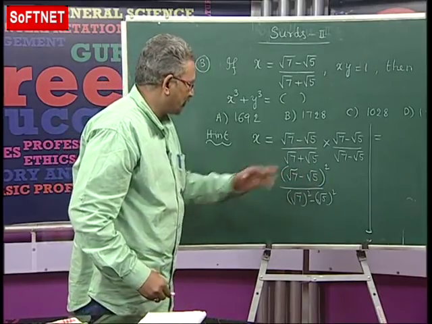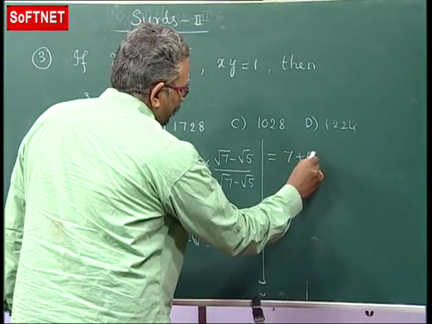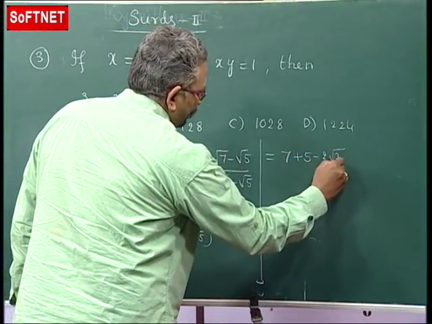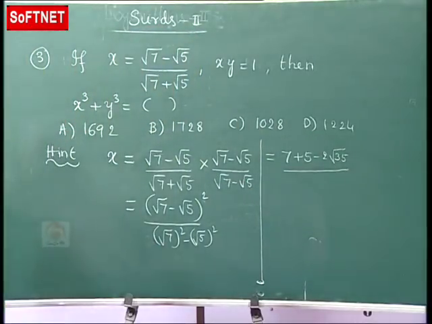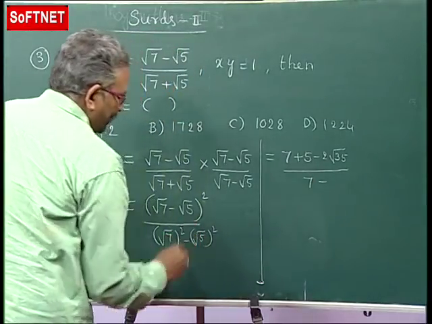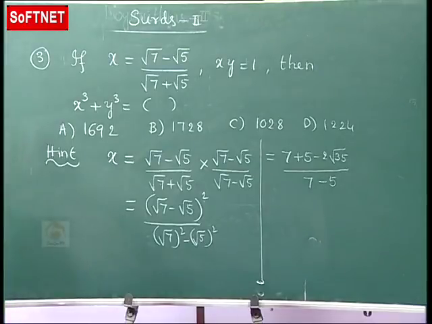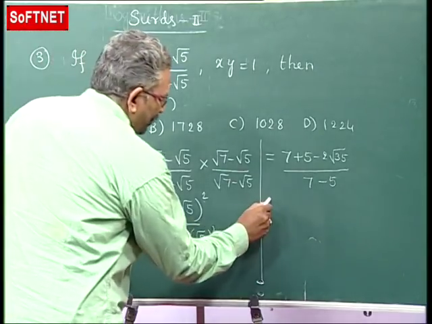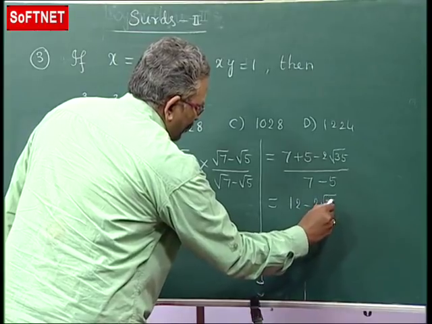Root 7 minus root 5 whole square is 7 plus 5 minus 2 root 35, by root 7 square is 7 minus root 5 square, how much? 5. Okay. Now this is equal to 12 minus 2 root 35 by 2.